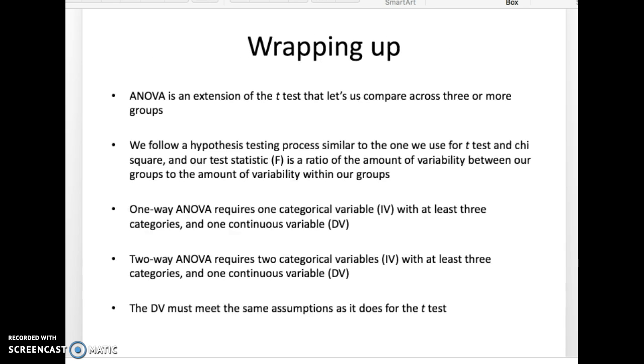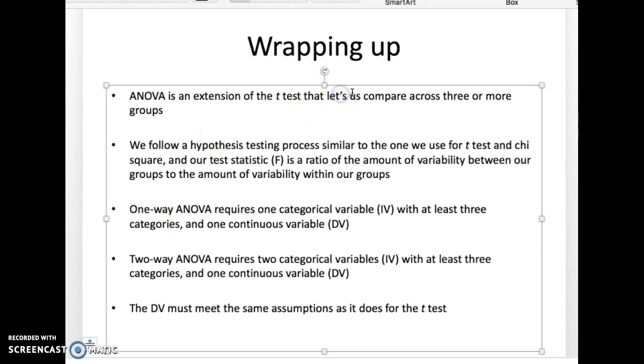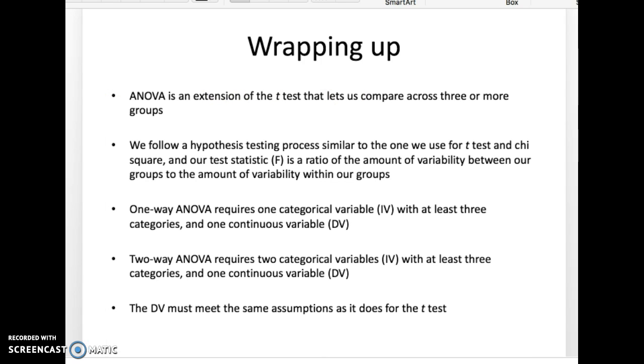Please stay tuned. So wrapping up, ANOVA is an extension of the t-test that lets us compare across 3 or more groups. We follow a hypothesis testing process similar to the one we use for t-tests and chi-square. And our F statistic is a ratio of the amount of variability between our groups to the amount of variability within our groups.